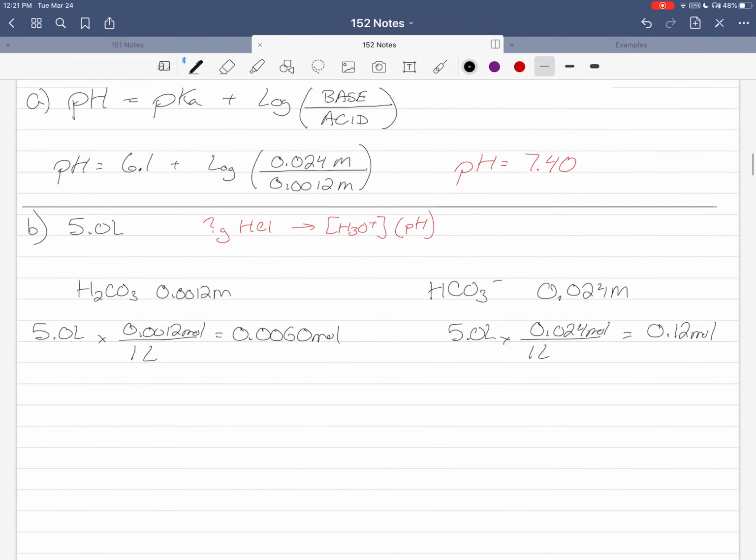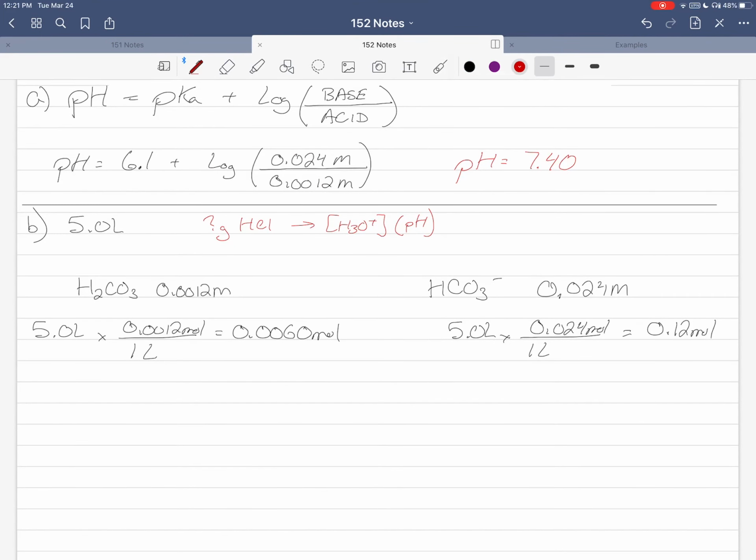All right, what's my reaction? Well, HCl, or H3O plus, because HCl is a strong acid, is going to react with what? HCl, or hydronium, is a proton donor. So I need to react with the proton acceptor. Which one of these is a proton acceptor, carbonic acid or bicarbonate?